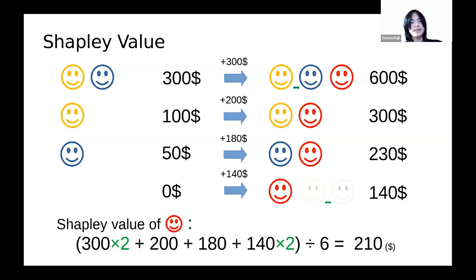Note that it's the average of permutations, not combinations. So the top one and the bottom one should be double counted in this case, since the order of yellow and blue has two patterns. In this case, the Shapley value of red resulted in $210.